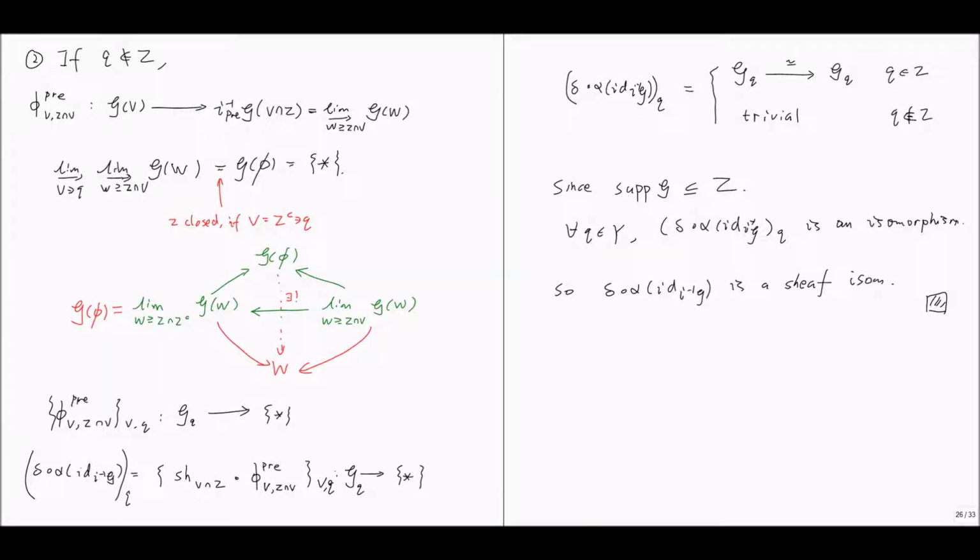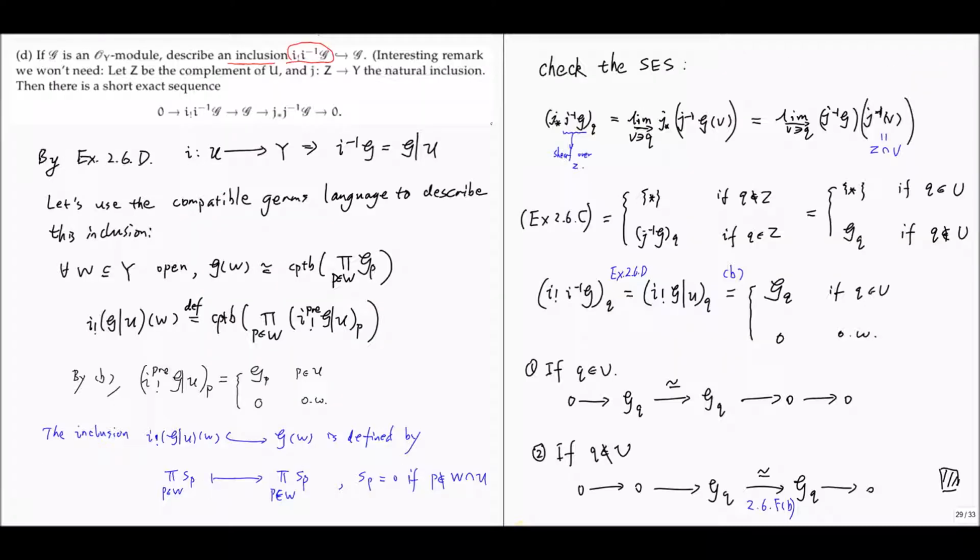In the proof, we see there's an isomorphism at the level of stalks when Q is in Z, that is, Q is not in U, because U is the complement of Z. And for the same reason, this arrow is an isomorphism. So this sequence is also exact. We have proved that for every Q, the sequence at the level of stalks at Q is exact. So this sequence is exact. And we are done.